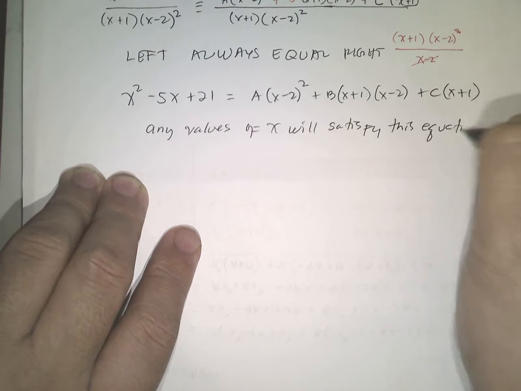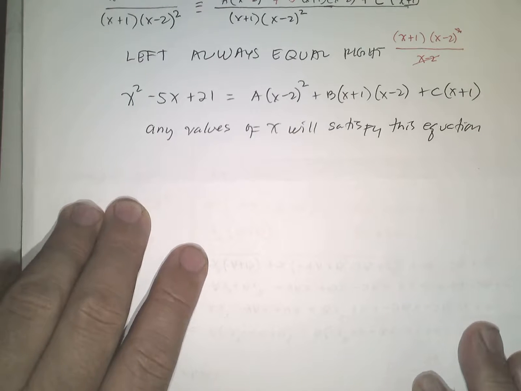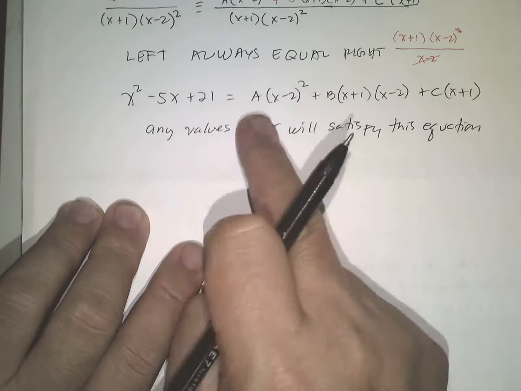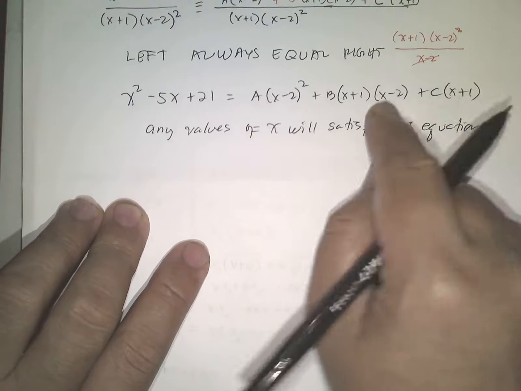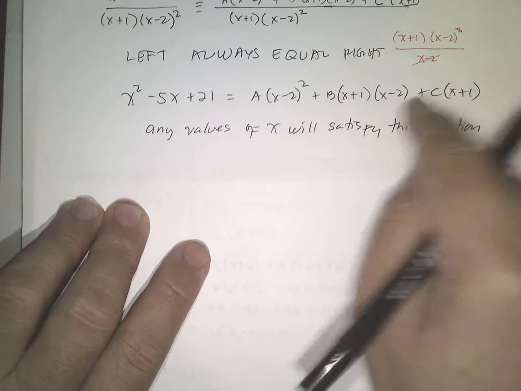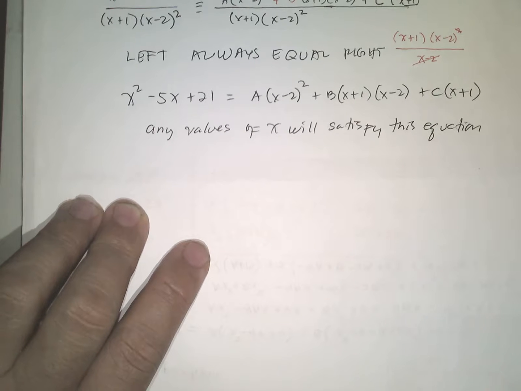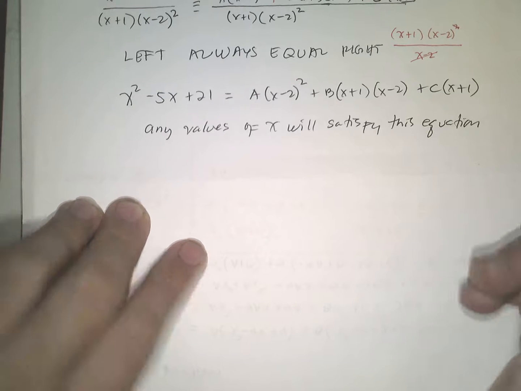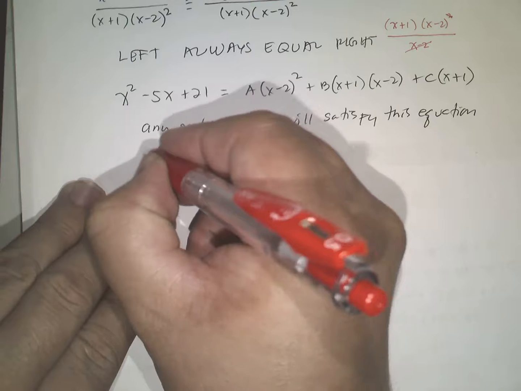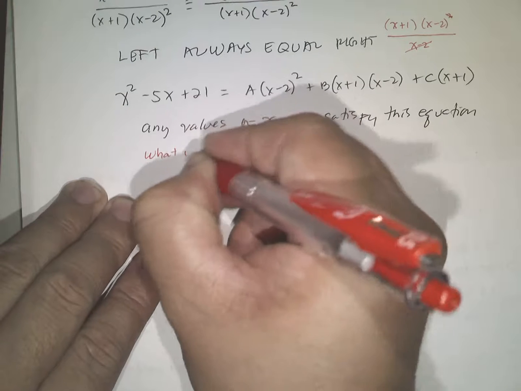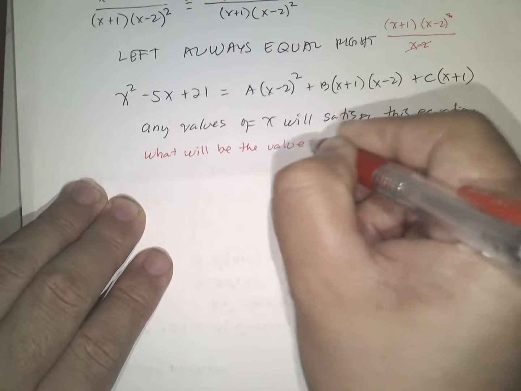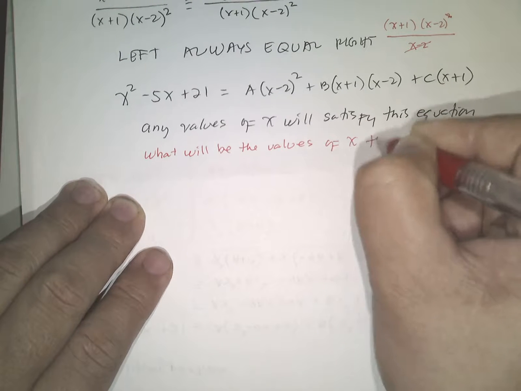So we will use some values of x to be able to find A, B, C. But the question is, what are the values of x that we're going to use? That is a very important analysis.